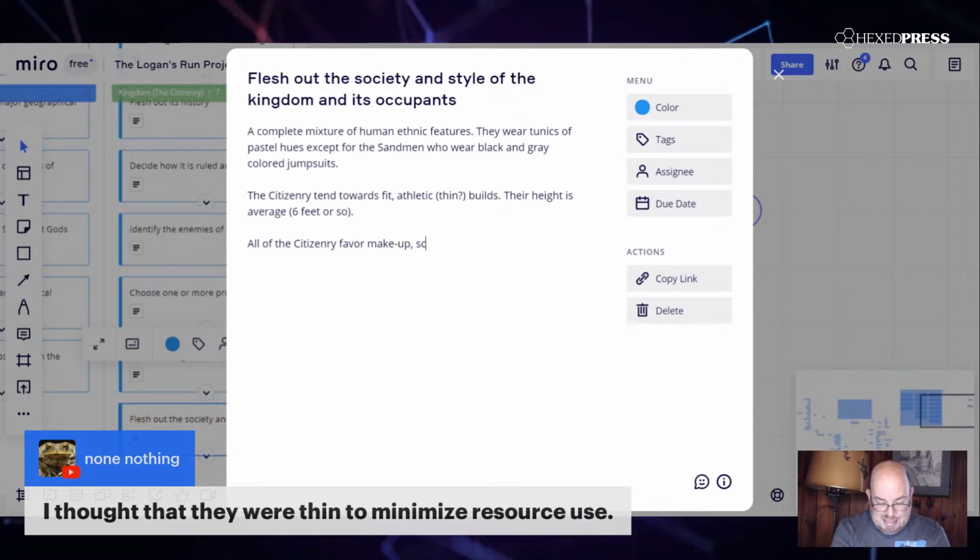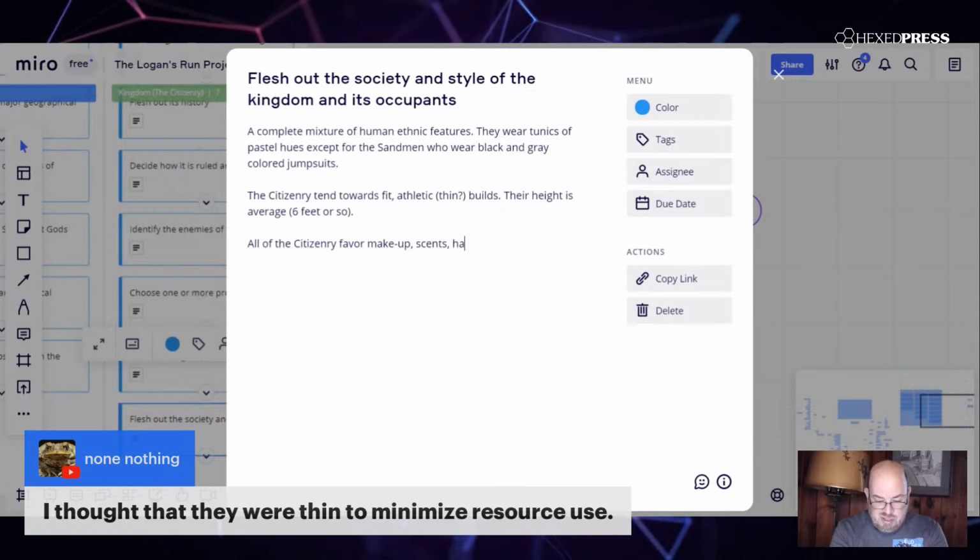Makeup, scents, coiffed hair, fashionable hair. I don't know, different hairstyles.